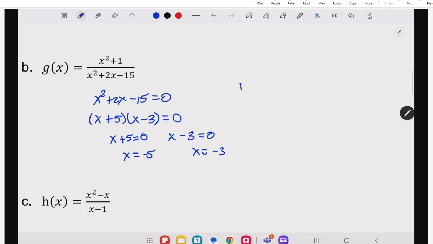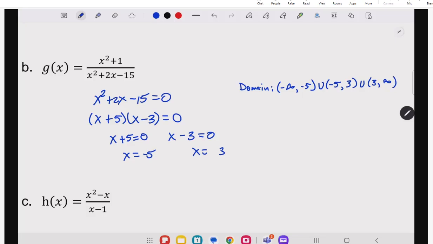So the domain would be negative infinity to negative 5, union negative 5 to positive 3, union 3 to infinity.